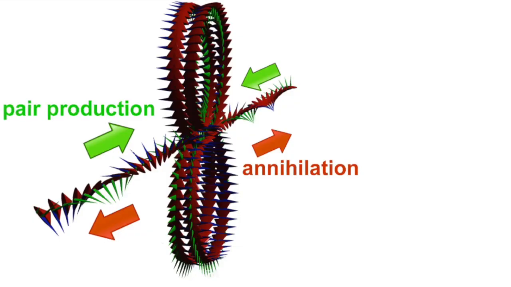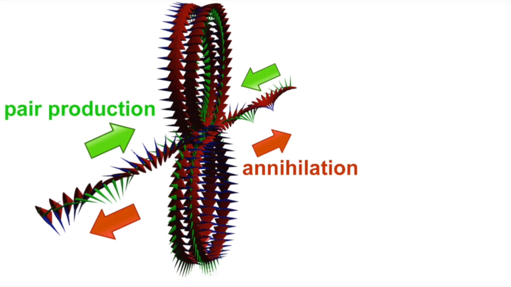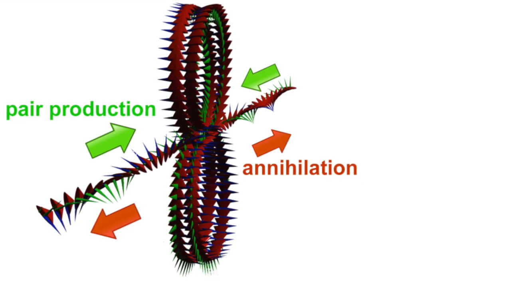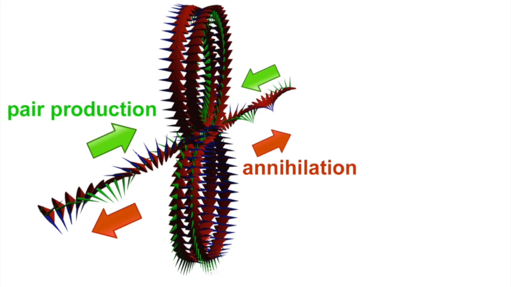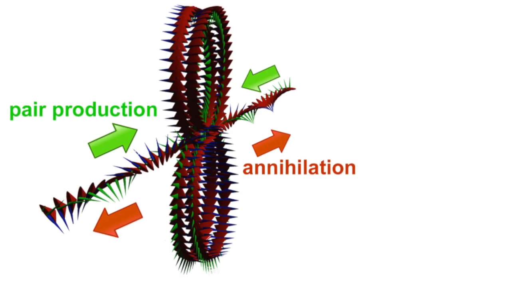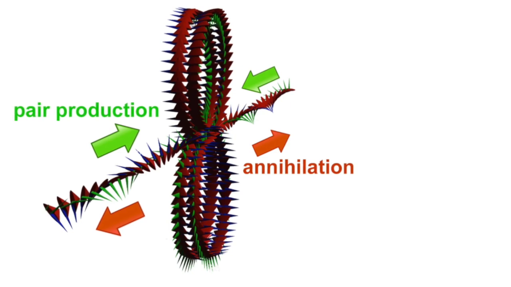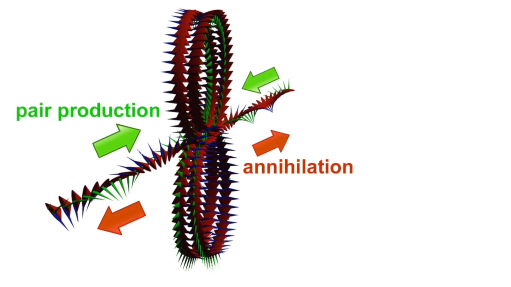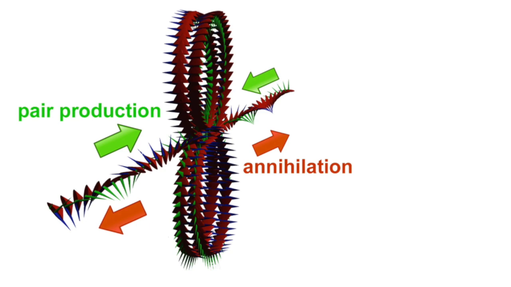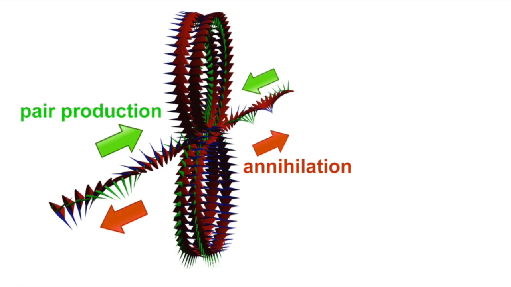And here we have the quasical model of electron pair production. The linear spiked lines, the flat ones, are regular light waves, EM waves. And then the double circular sections are the electron and positron.